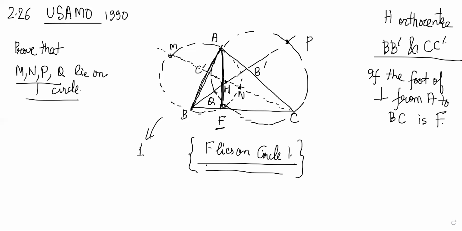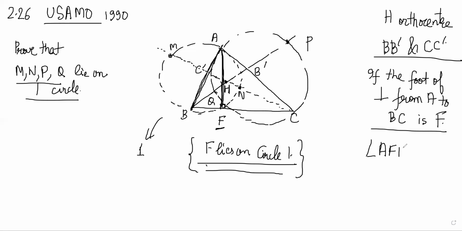Do you know why? Because AB is the diameter, so angle AFB is 90 degrees.